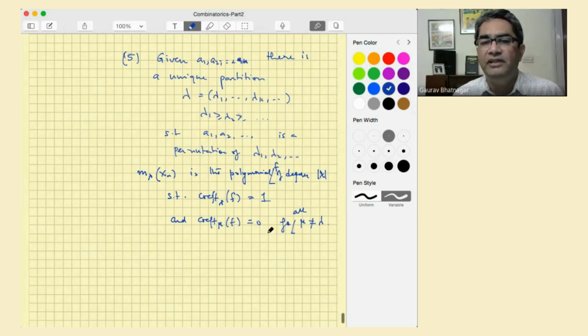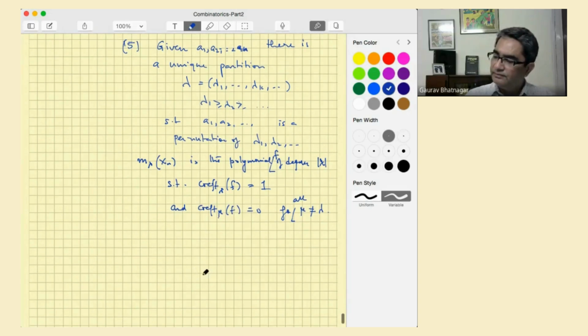If you have any other partition, then the coefficient of mu of f, m lambda xn, is going to be 0. This is very obvious from this definition. So there is a proposition.